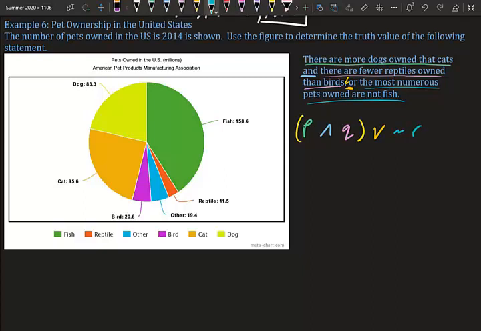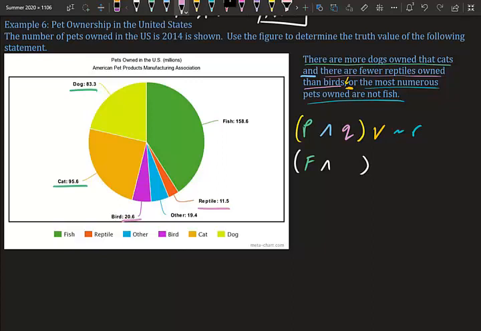So looking at the chart, let's see if P is true. There are more dogs owned than cats. That is false. There are more cats than dogs owned. So P is false. And Q. Let's figure out Q. There are fewer reptiles owned than birds. So reptiles, birds. There are fewer reptiles than birds.